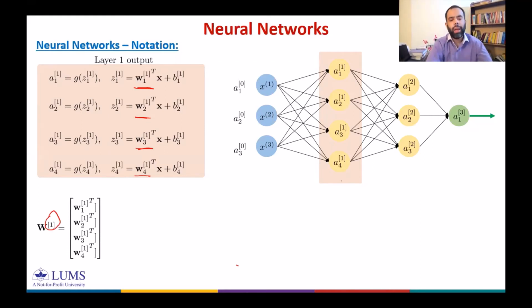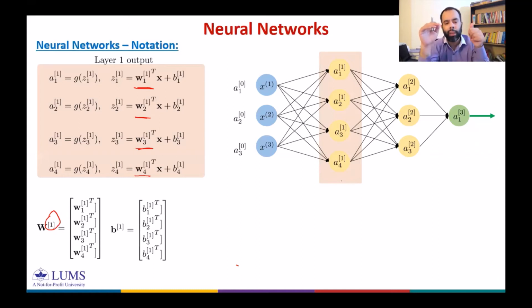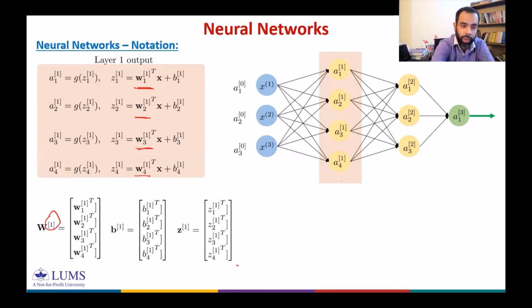It means it has the weights for all the nodes in layer 1. And I define a vector b that has the bias terms for all the nodes in layer 1. Right? The first entry, the bias for the first node in layer 1, second entry, the bias for the second node in layer 1, and so on and so forth. And also, I stack all of the pre-activation outputs in a vector z.